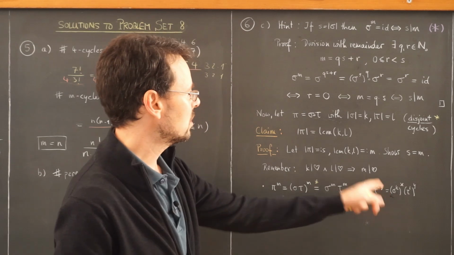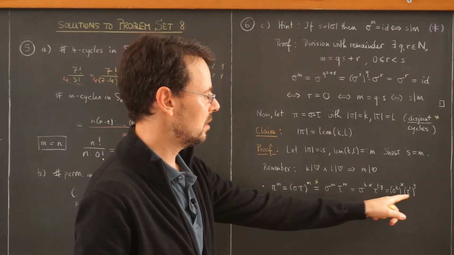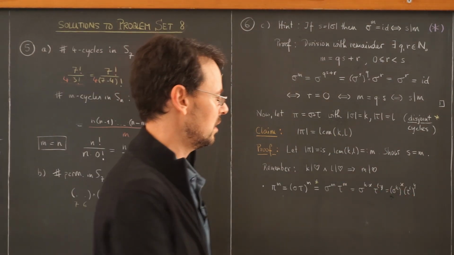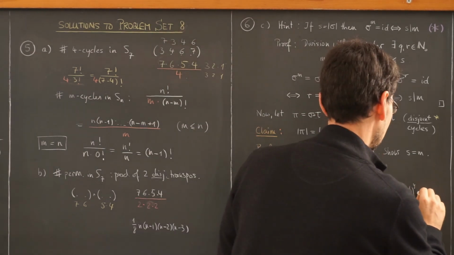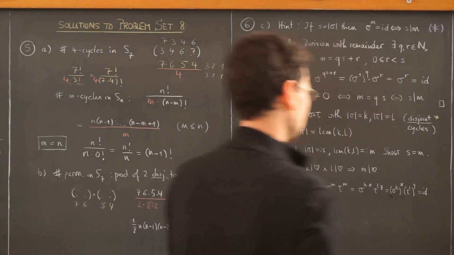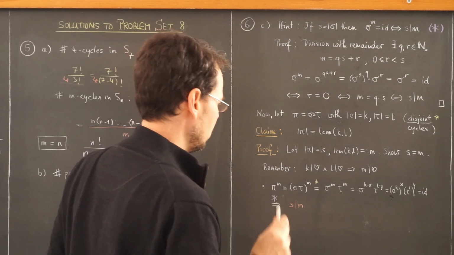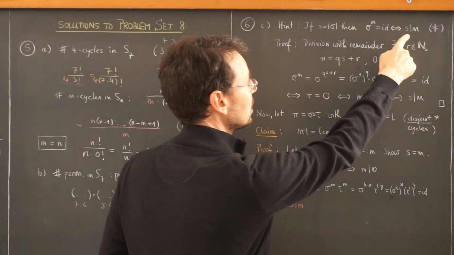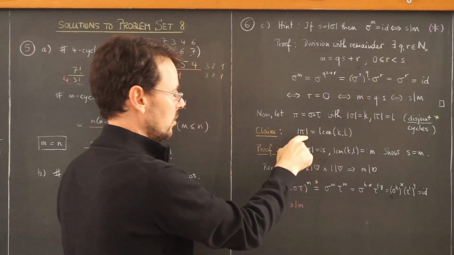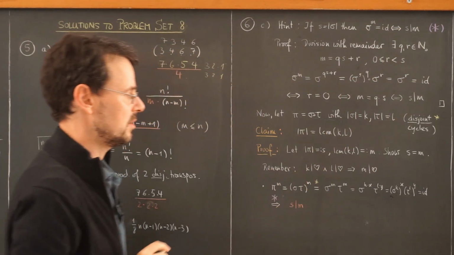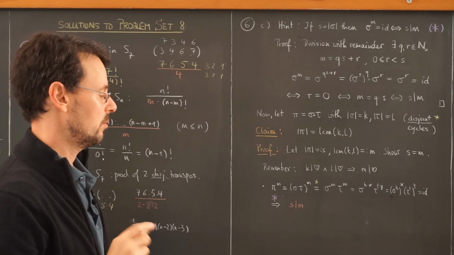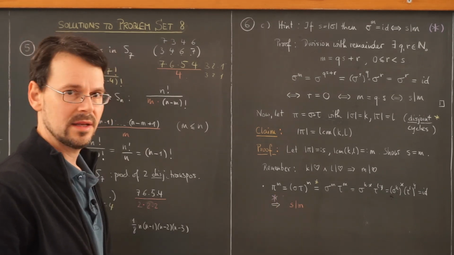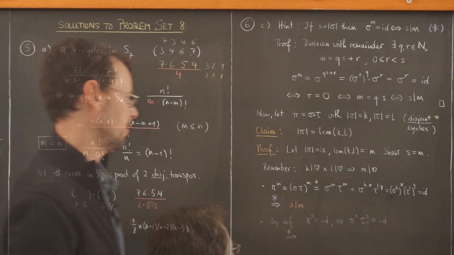But by definition, sigma to the k is the identity, tau to the l is the identity. So this here gives me the identity. So now this means pi to the mth power is the identity. So by this claim here, s, the order of pi, must be a divisor of m. In particular, s is less than or equal to m.